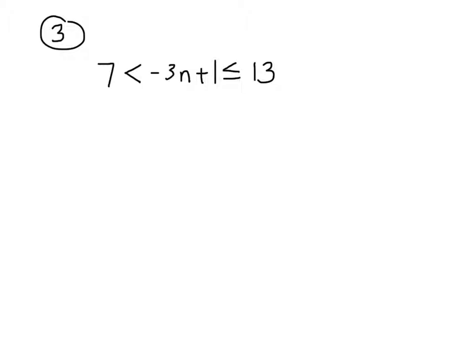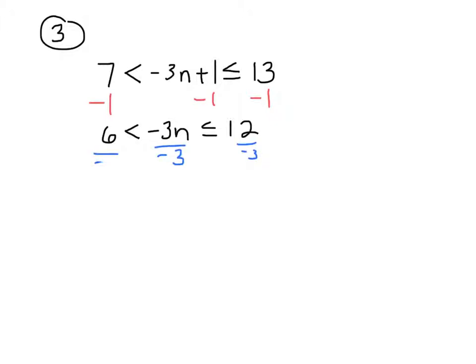So example number 3. 7 is less than -3n plus 1 is less than or equal to 13. The first thing we have to do is get rid of the plus 1. So I'm going to subtract 1 from all 3 parts. That gives me 6 is less than -3n is less than or equal to 12. The next step is dividing everything by -3.